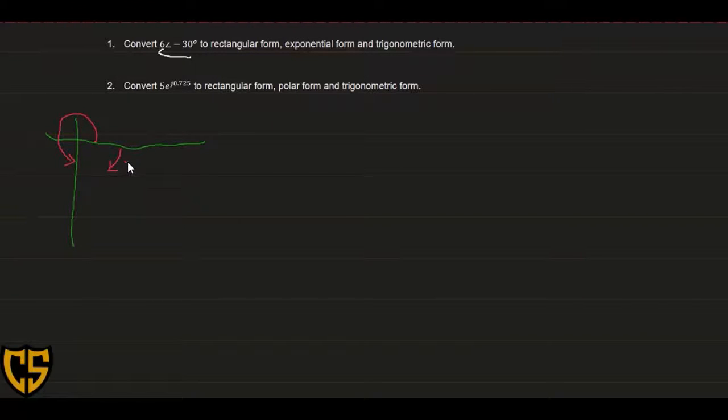From the endpoint sa atong angle, we are going to project this pakadto sa aton nga origin. So this now will be ang aton nga representation of 6 angle negative 30 degrees.